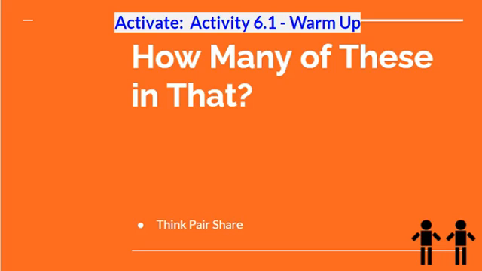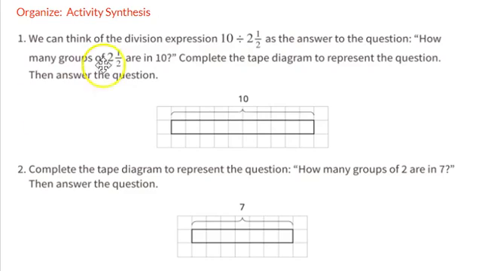All right, let's do a little warm up of how many of these in that. So you can think of the expression 10 divided by 2 and 1/2 as the answer to the question, how many groups of 2 and 1/2 are in 10? So what would that do with our picture here?